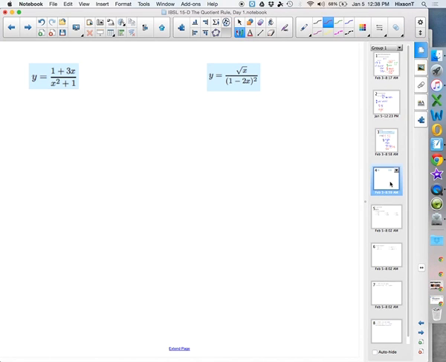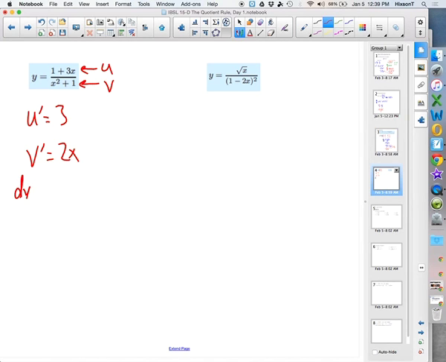So here, what's u on this first one? 1 plus 3x. Good. There's our u. Always the numerator, which means that's v. U prime is 3. V prime is 2x. Okay?